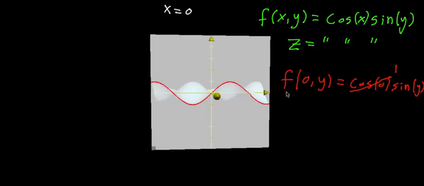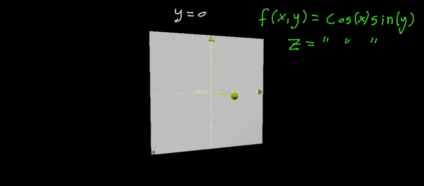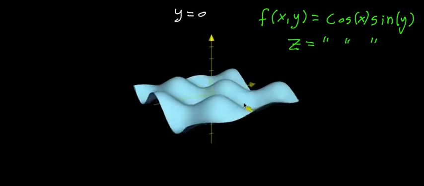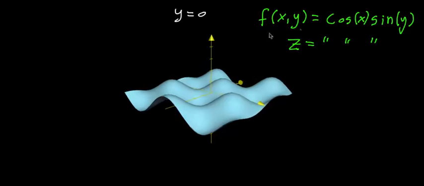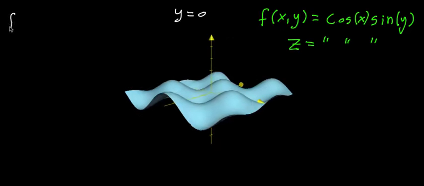And let's try this at a different point. Let's see what would happen if instead of plugging in x equals 0, let's imagine that we plugged in y equals 0. And this time, before I graph it and before I show everything that goes on, let's just try to figure out, purely from the formula here, what it's going to look like when we plug in y equals 0. So now I'm going to write over on the other side, we have x will still run freely, y is going to be fixed at 0.